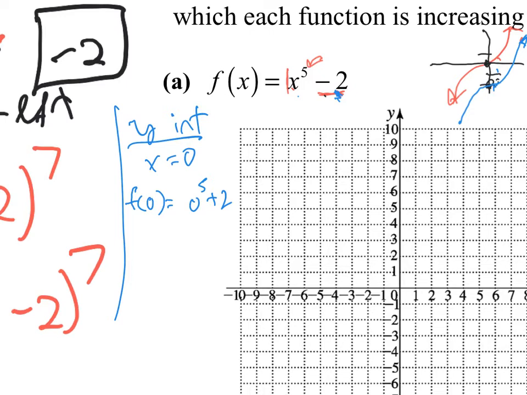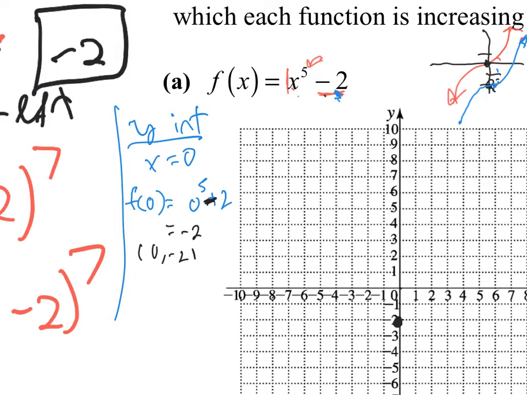What is 0 to the 5th power plus 2? -2. Oh, yes, thank you very much. I'm blinded. What is 0 to the 5th power minus 2? -2. So I know at 0, -2 is a very important point. 0, -2. It sort of reinforces what I said about shifting down, doesn't it?